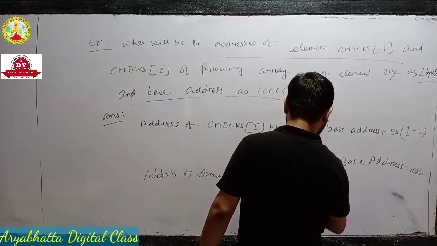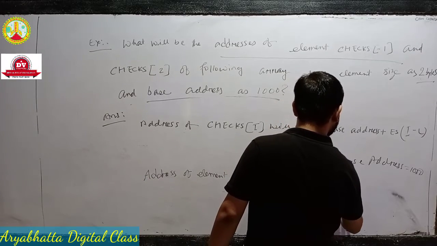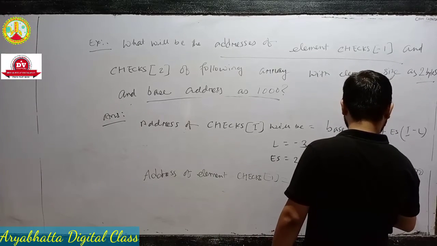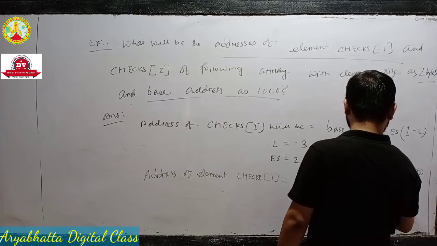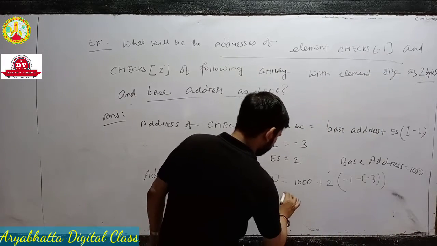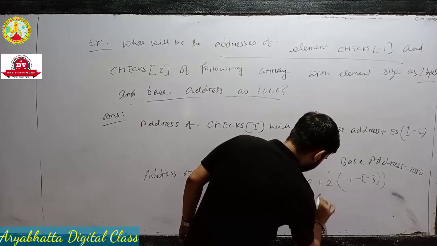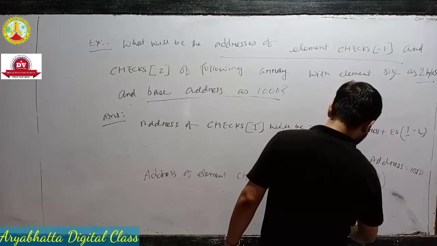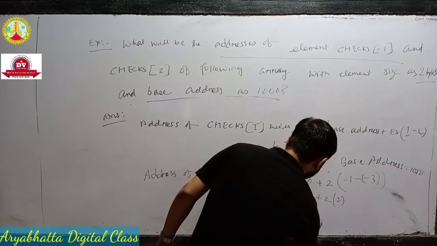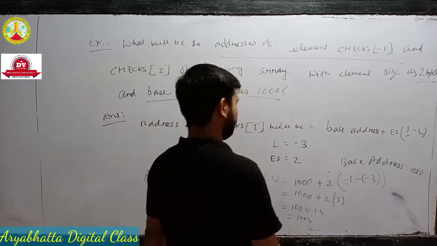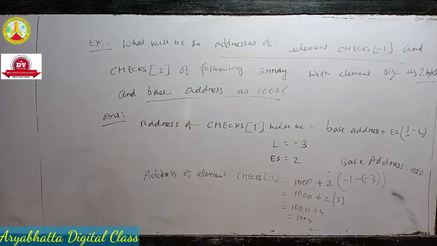Base address 1000, ES is 2, I is -1, L is the lower bound -3. Means -1 plus 3 is 2. Finally the result will be 1000 plus 4, 1004. You see, 1004.